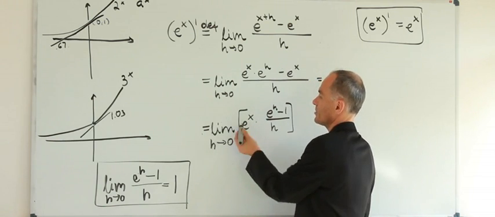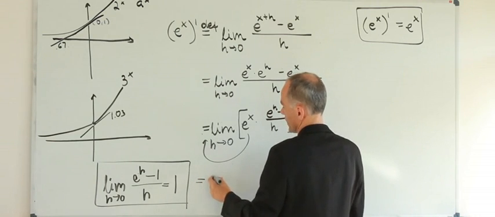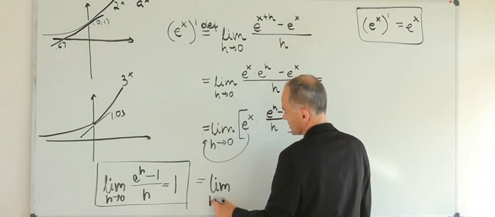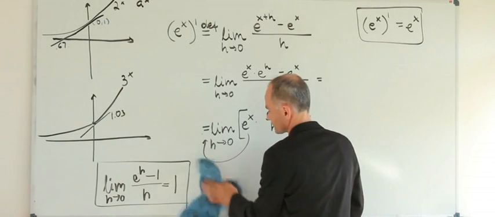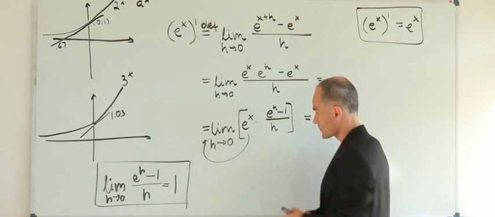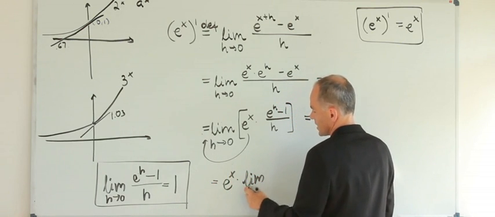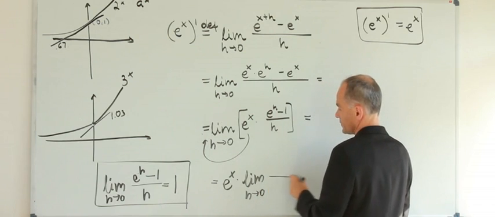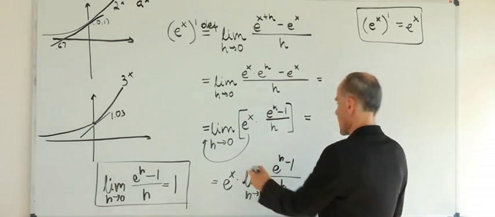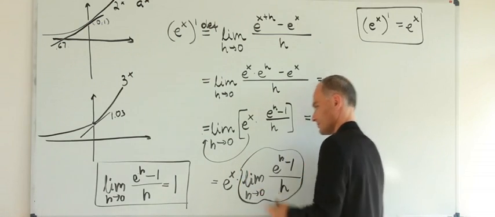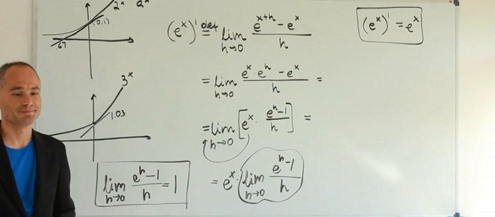Since this does not depend on h, I can take it outside of the limit. And then I get e to the x times the limit as h goes to 0 of e to the h minus 1 divided by h. Okay, but what is this limit? I'm not asking a dumb question.